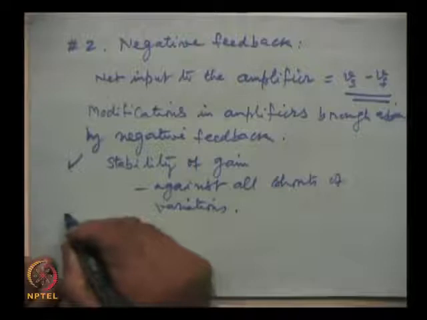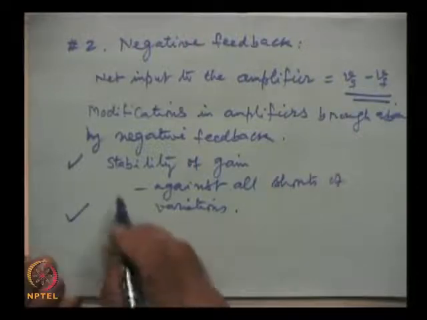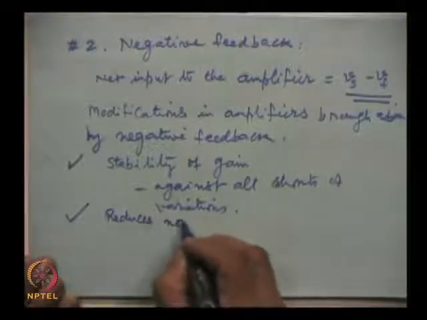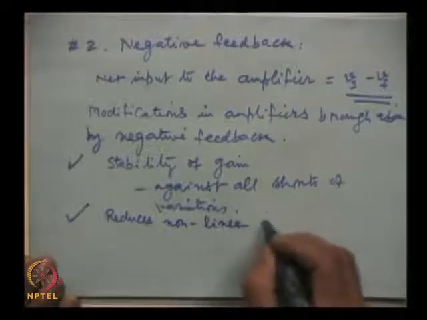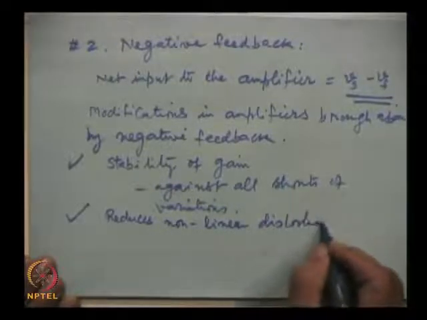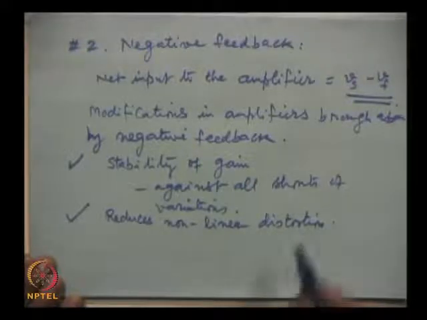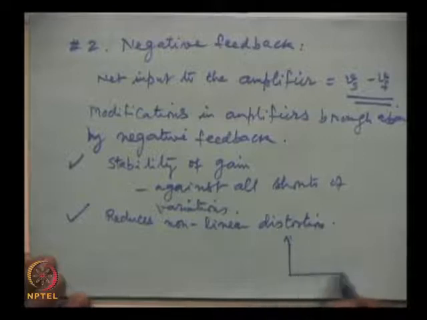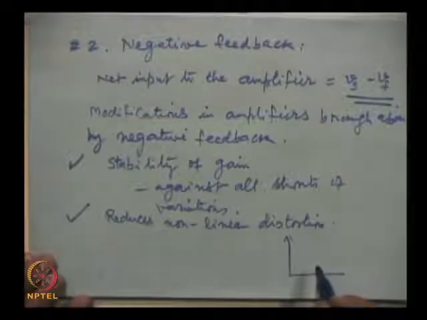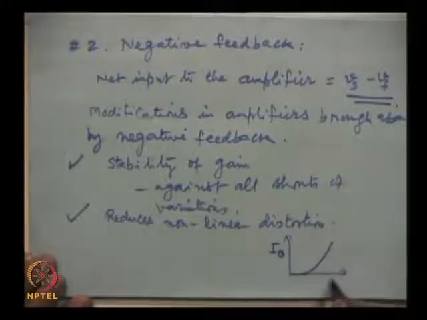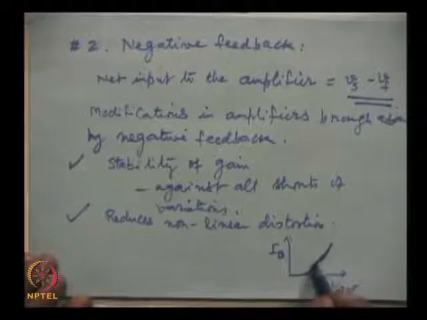Then negative feedback reduces nonlinear distortion. By nonlinear we mean that, for example, if we look at the input characteristics of a p-n junction, which is the input part of the transistor, then these characteristics, base current versus voltage, are nonlinear.